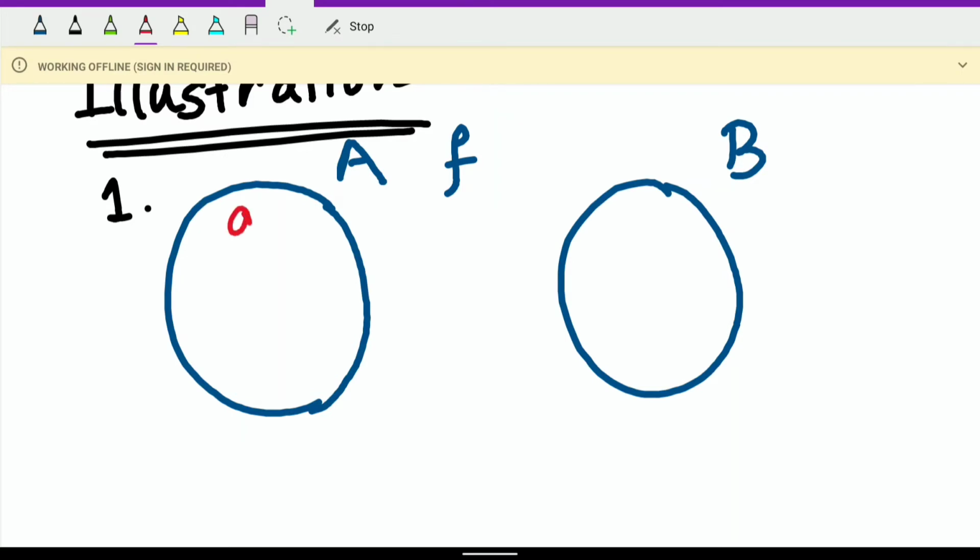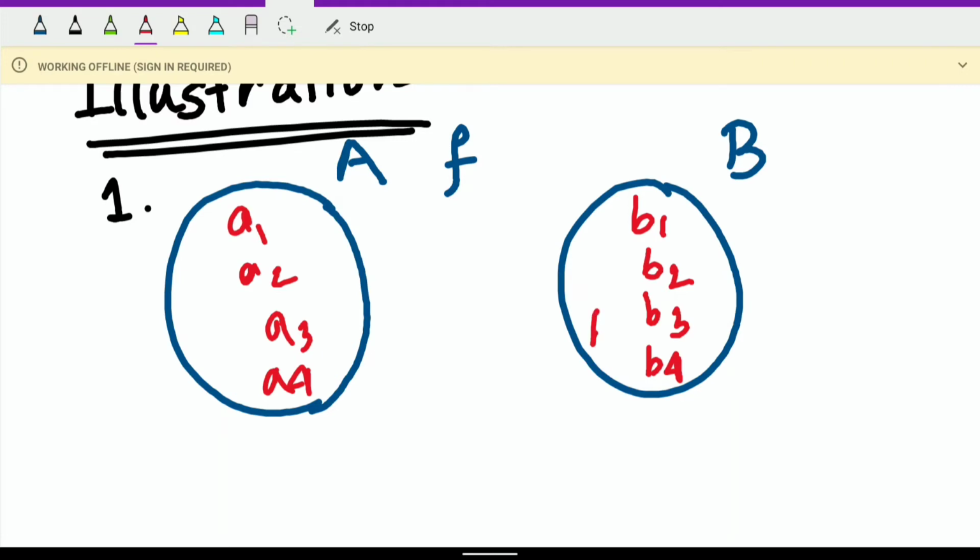Now here A1, A2, A3 and A4 are all elements of A, and here B1, B2, B3, B4 are 4 elements of B, and you can say that B5 is also an extra element.